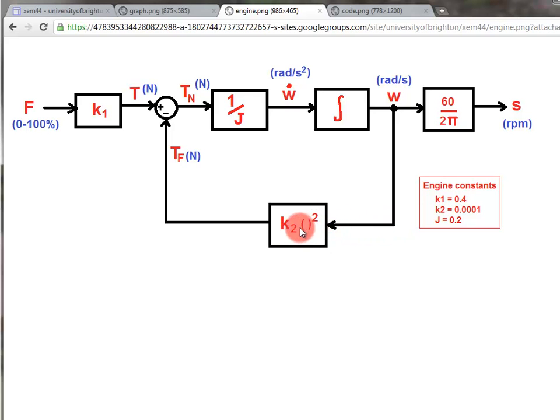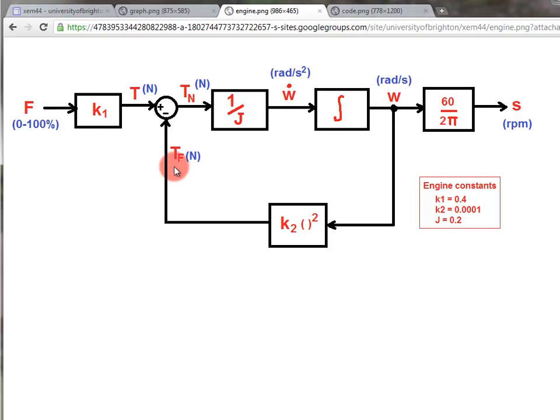So it's a constant times omega squared. Whatever goes into that box on the arrow is squared times by k, and that will give you the value of Tf. And then S on the right hand side in RPM is simply converting from radians per second to revolutions per minute, multiplied by 60 and divided by 2 pi. These are the constants we're using in this simple demo, and we'll have to change those later depending on engine type or whatever.